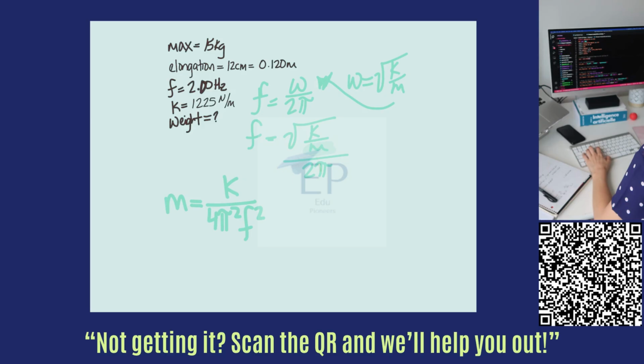And we can now plug in our values. So we have our k is 1225 newtons per meter divided by 4 pi squared times our frequency, which is 2.00 hertz squared. And we get that the mass of our package is 7.76 kilograms.